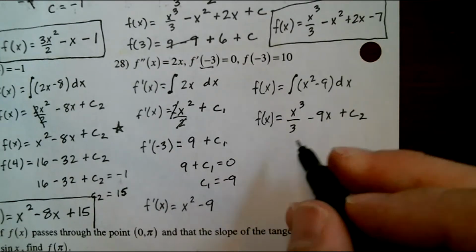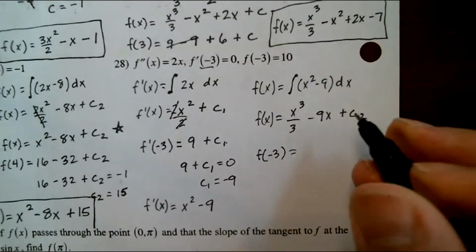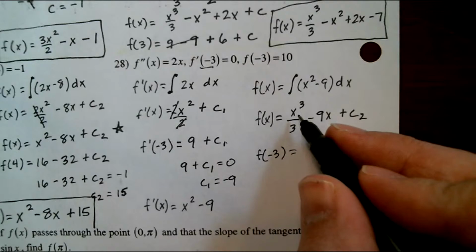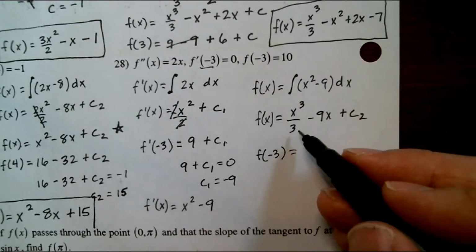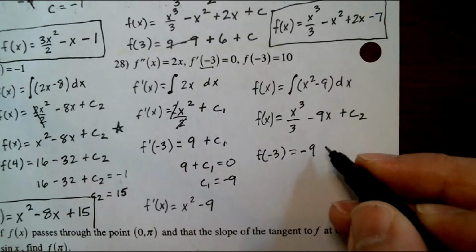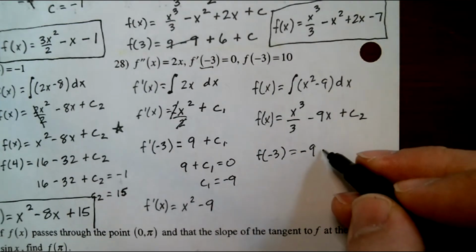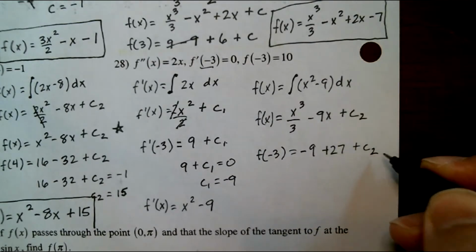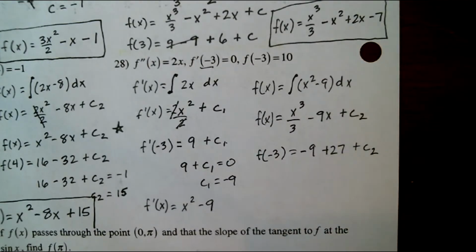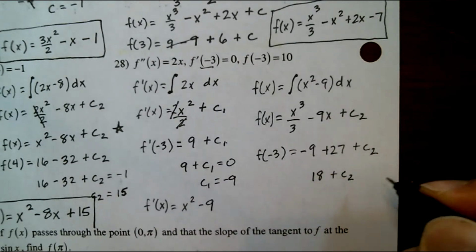I can't simplify anything, so now I'll just plug in what it gave me, f of -3. So I figure out what that is. That's -27 over 3, which would be -9. And then -9 times -3 would be positive 27 plus c sub 2. -9 plus 27 would be 18 plus c sub 2.